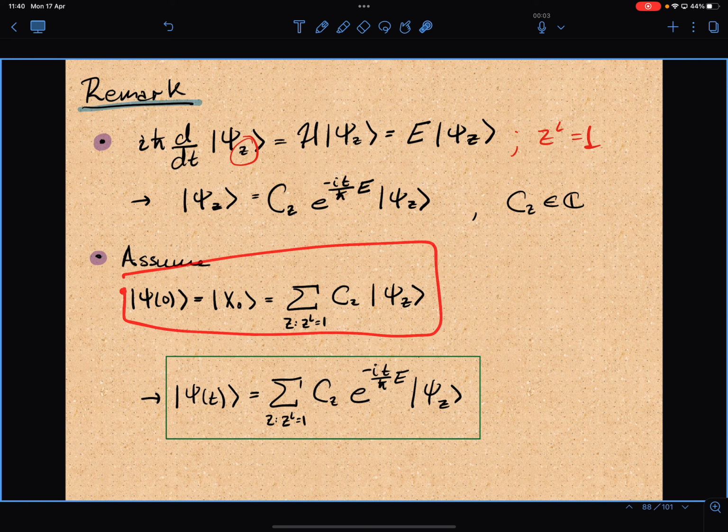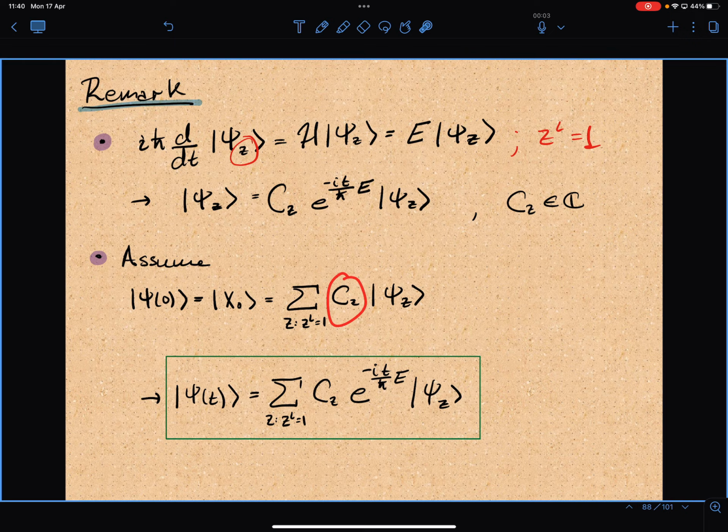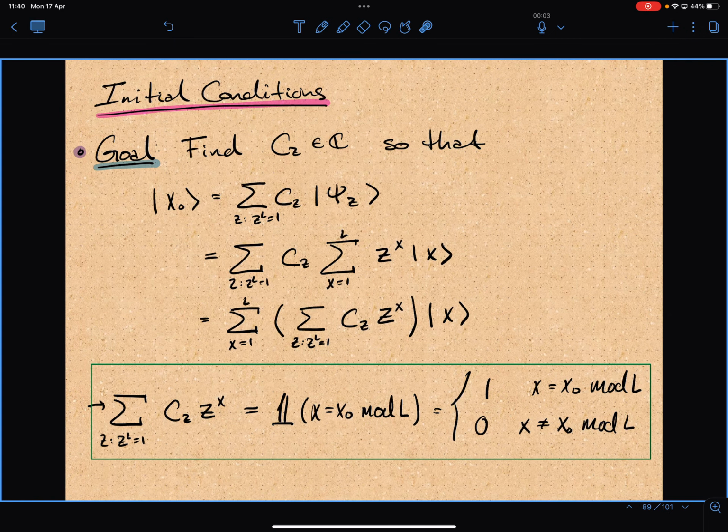If you can write any initial configuration as a linear combination of these eigenvectors, then this is going to give you your diagonalization. So this is writing the matrix problem of diagonalization into a coordinate version of the diagonalization problem. So the question is to figure out these constant coefficients.